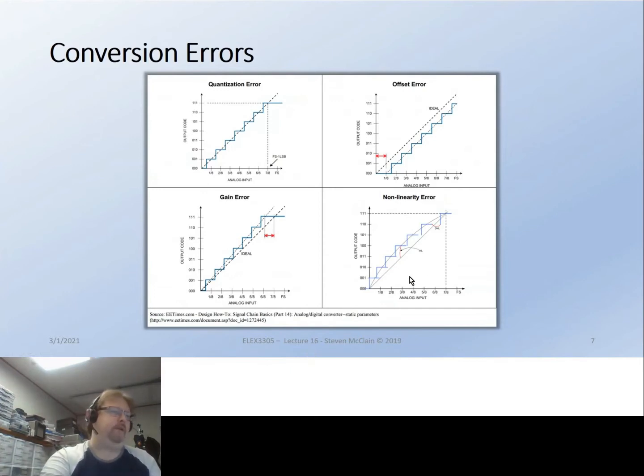Most A to D converters that you're going to play with, you lucky people, have most of that stuff down to almost nothing. But if you are doing something where you really are trying to measure a very tiny signal and it's got to be super ultra precise, then you may have to take some of this stuff into account. A lot of the time you can ignore this. It depends on the nature of your application.